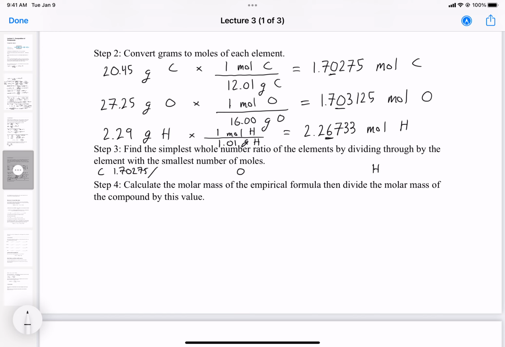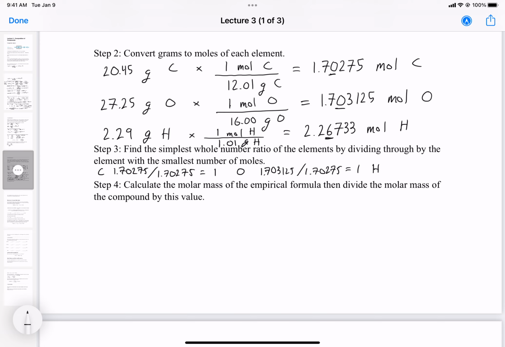That's the smallest number, so we're going to divide it by itself. So our ratio for carbon is 1. Our ratio for oxygen is very close to the ratio for carbon, so the number is probably going to be close to 1. So we're just going to say that's 1 as well.